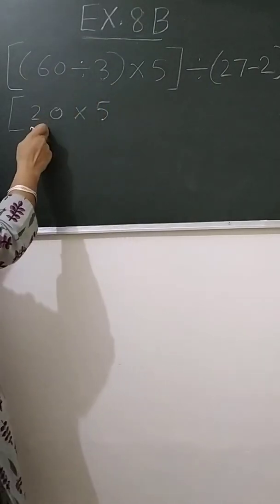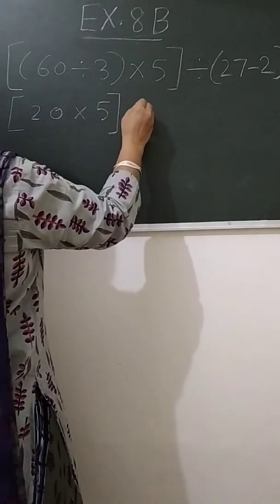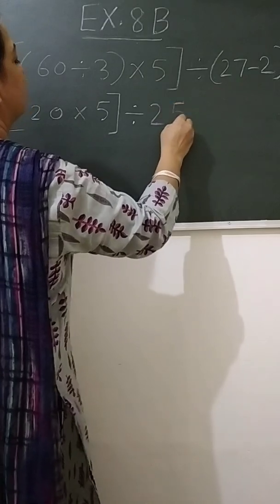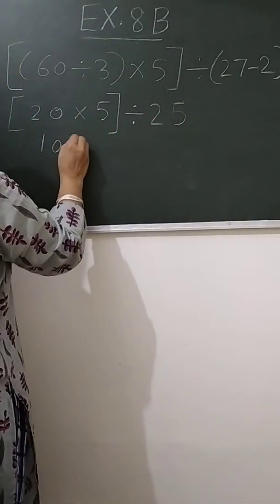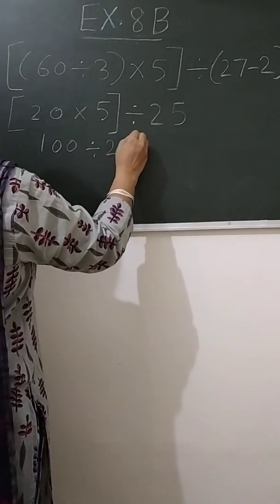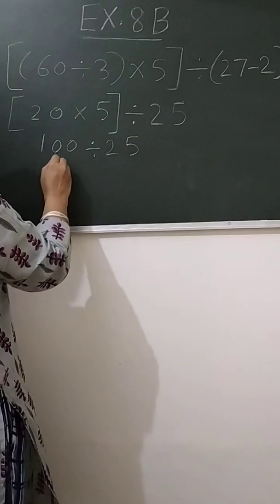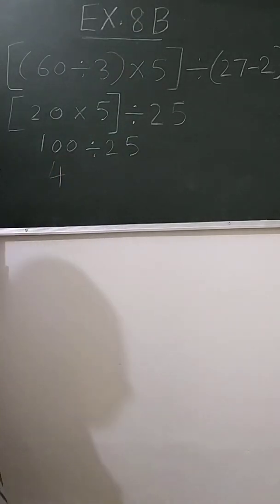This is multiply 5, divided by 27 minus 2 is 25. So 20 5s are 100, divided by 25. If we divide 100 by 25 we get the answer 4, because 25 4s are 100.